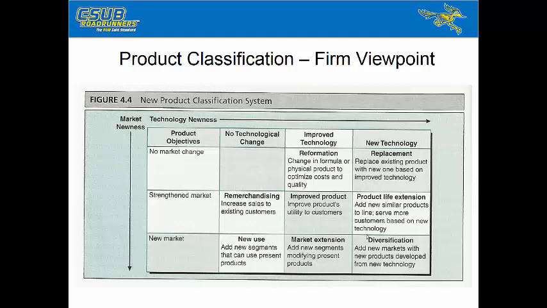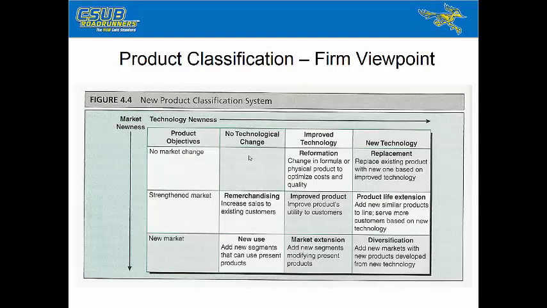And then in terms of technological change, no technological change, improved technology, or new technology. So each of those combinations represents some form of innovation, except for no market change and no technological change, the box here, no change of any kind, is not an innovation. But each of the rest of these is a different type of innovation.